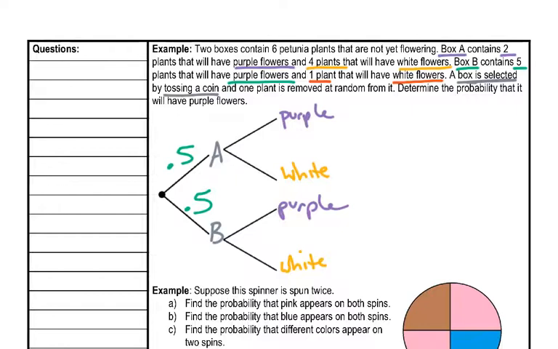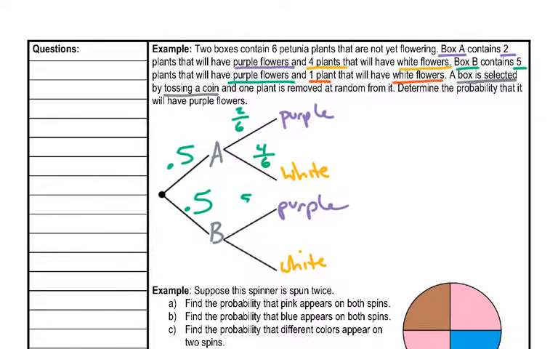From there, box A has 2 purple and 4 white. So that means there's going to be a 2 out of 6 chance of pulling a purple, and then a 4 out of 6 chance of pulling a white. In box B, we've got 5 purples and 1 white.